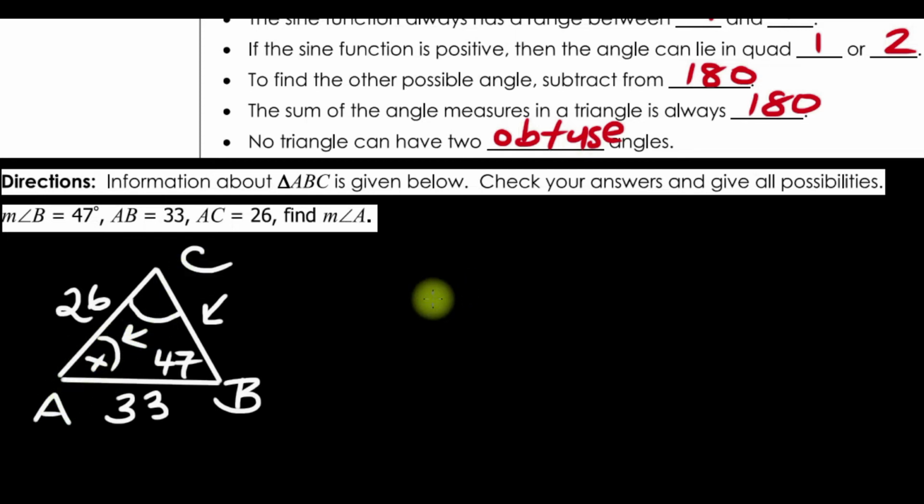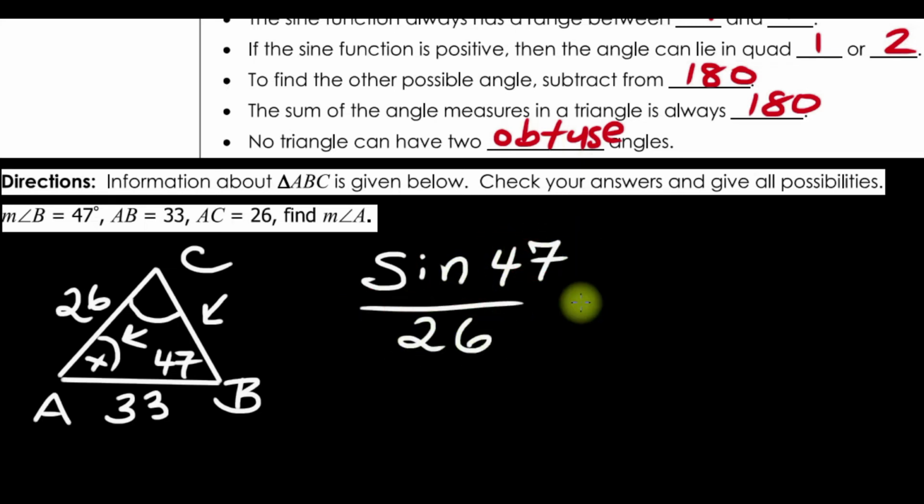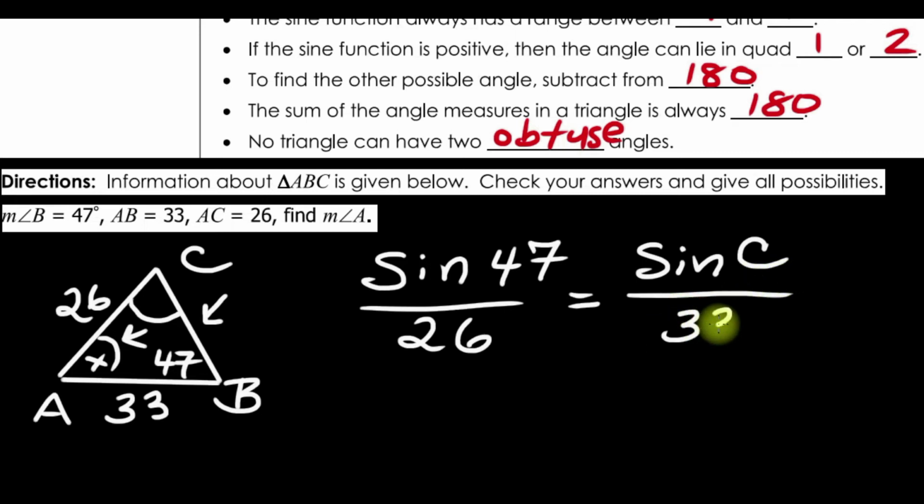Okay, so we're going to have to set it up using the law of sine to come up with angle C, and then from there, find out what angle A is. Okay, so to set it up, it would be sine 47 degree all over 26. We know that. And then sine angle C, all over 33.